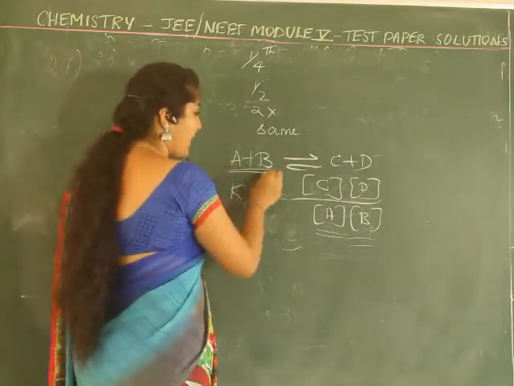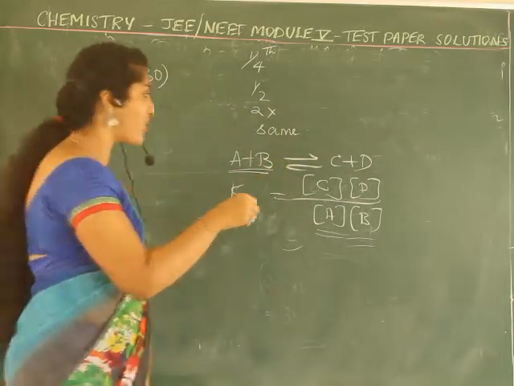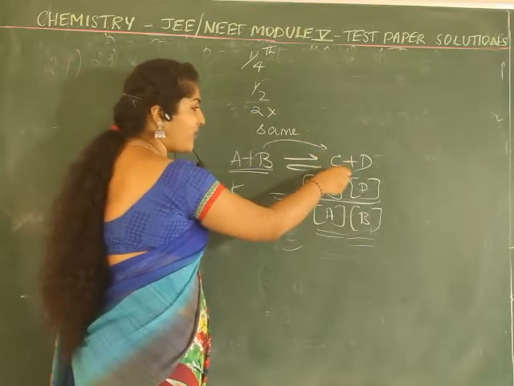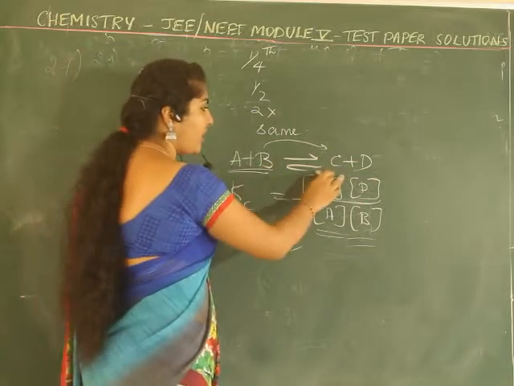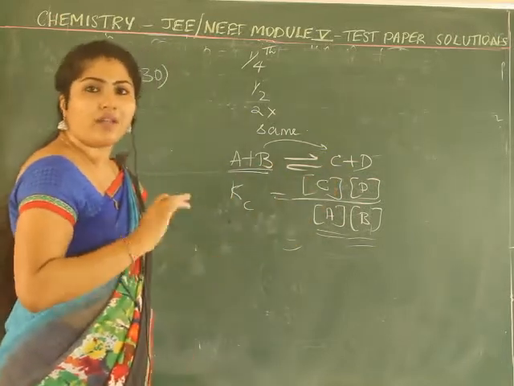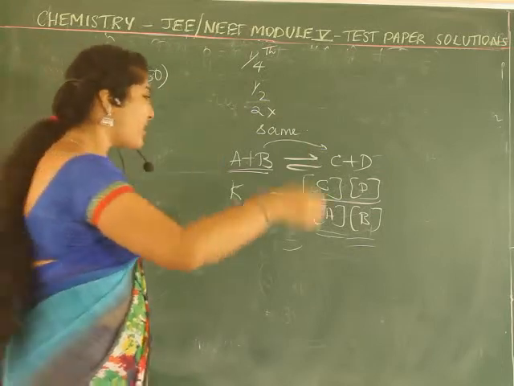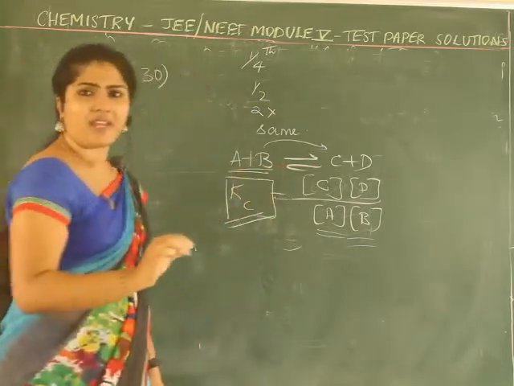If A and B are increased, the equilibrium tries to shift in the forward direction, because there will be a smaller number of moles. So it tries to attain equilibrium faster. It doesn't have any effect on the equilibrium constant.